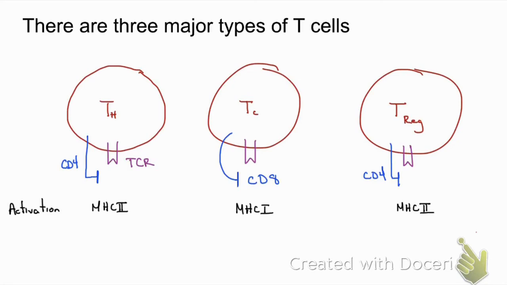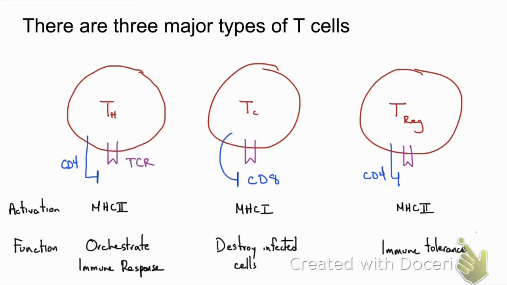T helper and T regulatory cells are both activated by the presence of an epitope on MHC2, whereas cytotoxic T cells are activated by epitopes presented on MHC1. Finally, there's a difference in the function of each of these three. We often think of T helper cells as orchestrating the immune response, both the adaptive and the innate immune response, and we'll talk about how it does that.